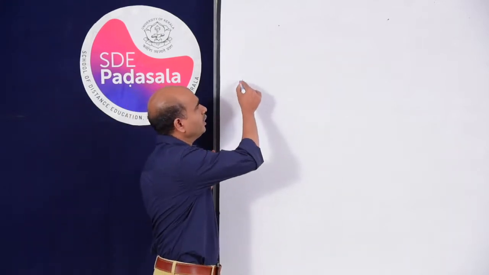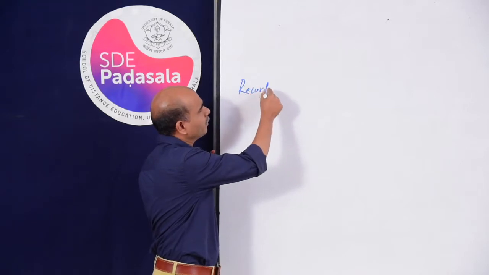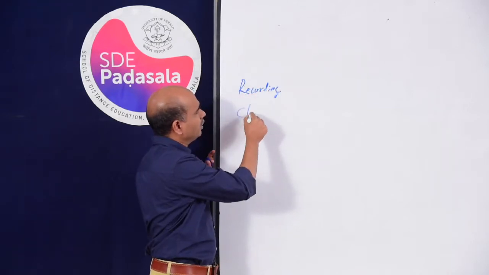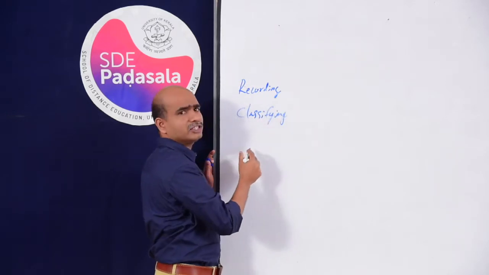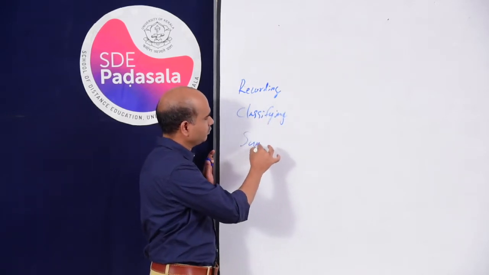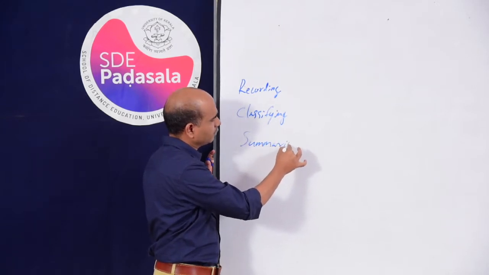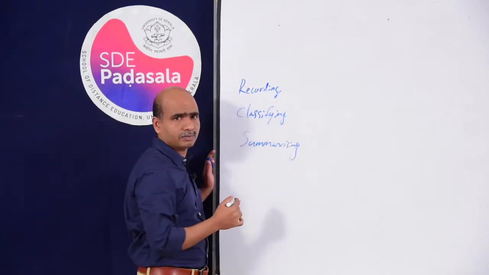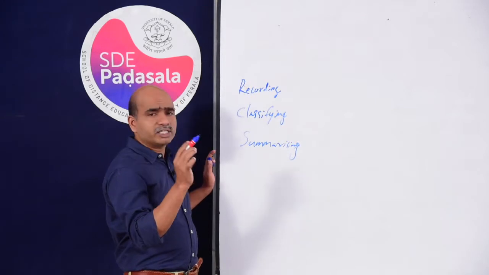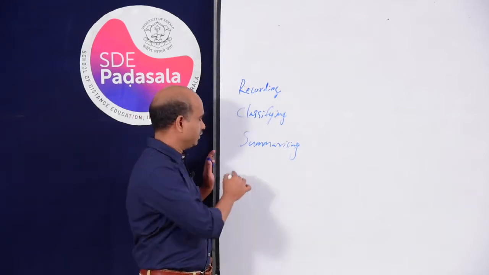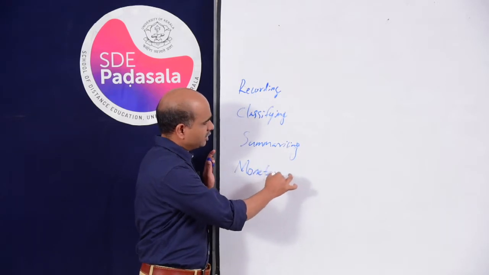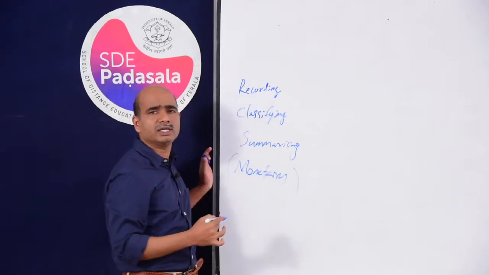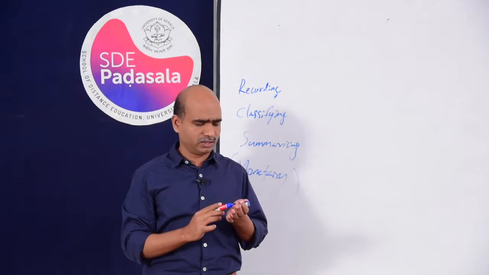That is recording, classifying and summarizing. And all these transactions should be of financial nature, or monetary transactions, transactions of monetary value only, in money terms only.